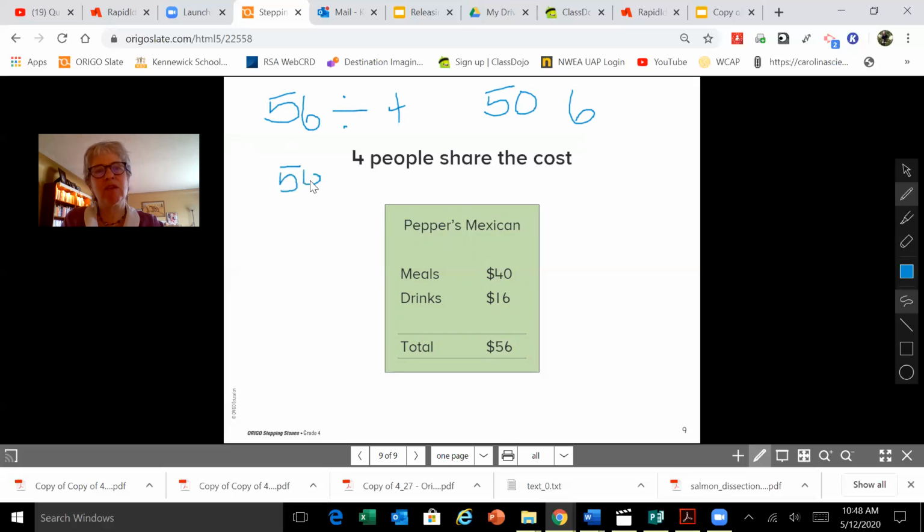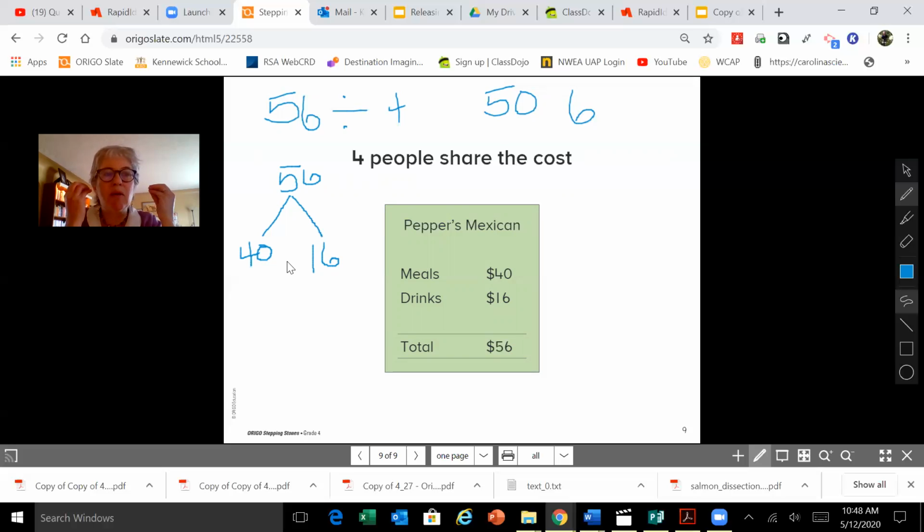But I think of this right away, and you know what? I can pull a 40 out. And boy, I know that 40 is divisible by 4. And then I think, what is left over? Well, I can see that would be 16. And 40 plus 16 equals 56.